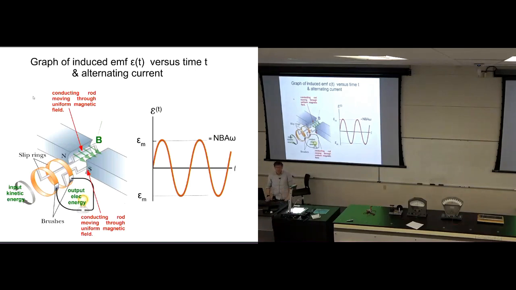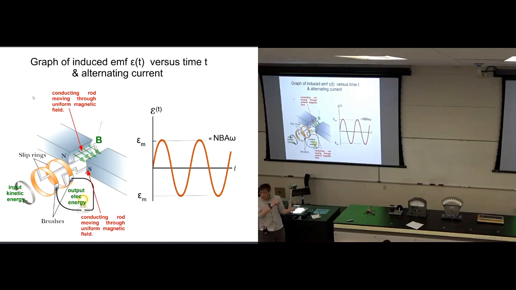Here is a picture of the equation, a graph of the equation, and especially of sine omega t. If you look at the graph on the left-hand side, this is the induced EMF from the generator involving rotational motion.